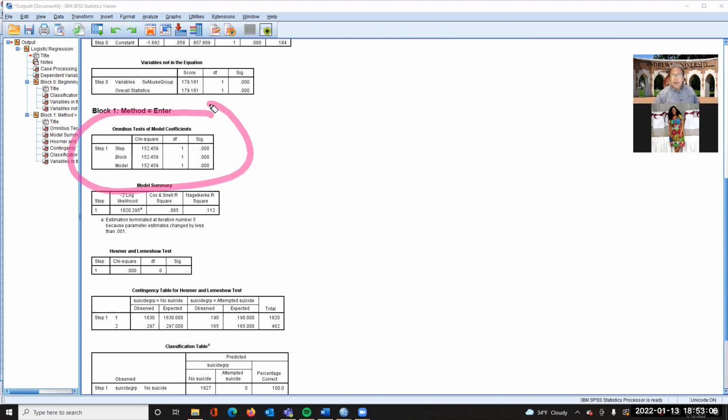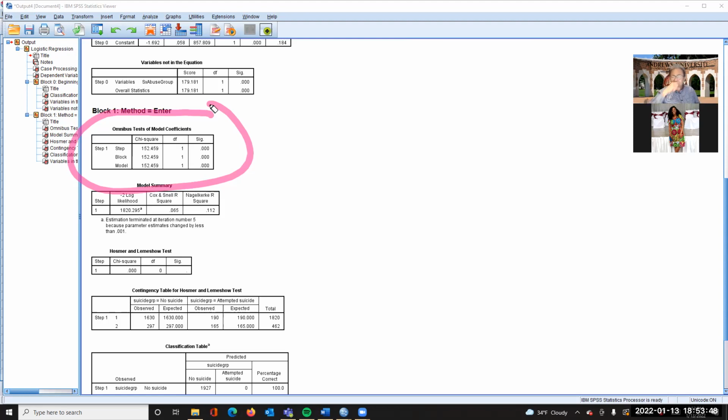It's something like this: if there are no differences between the proportion of people who were abused and the proportion of people who attempt suicide, then we have a good fit.